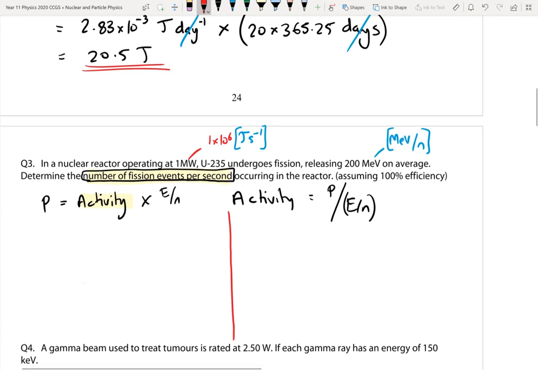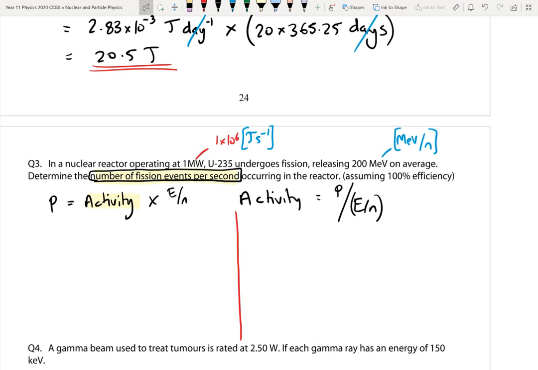Let's convert our 1 megawatt equals 1 times 10 to the 6 divided by 1.60 times 10 to the negative 13, and this will give us MeV per second. So I've gone from joules to MeV.